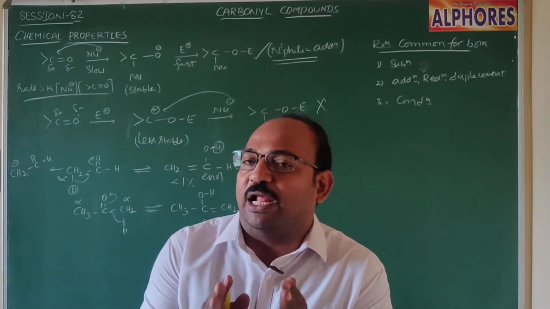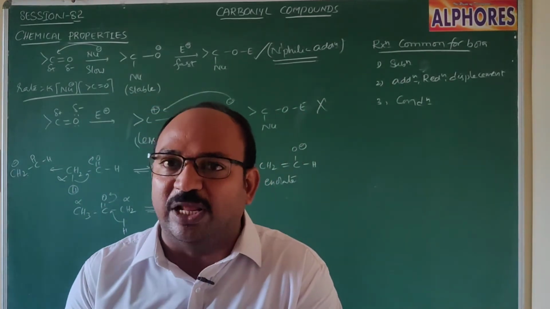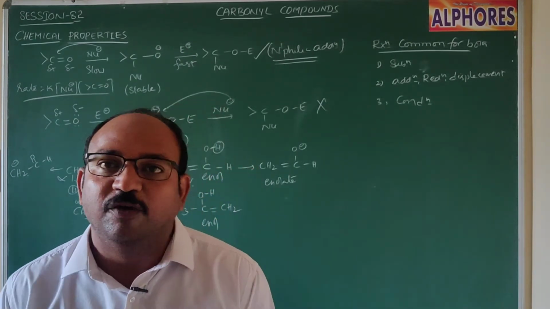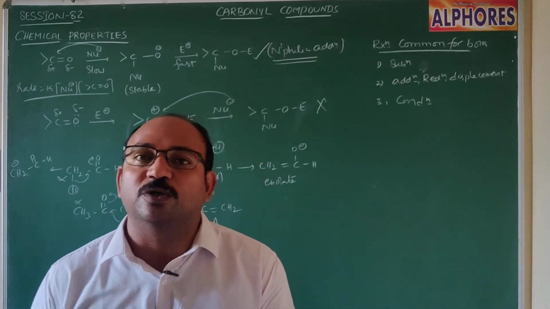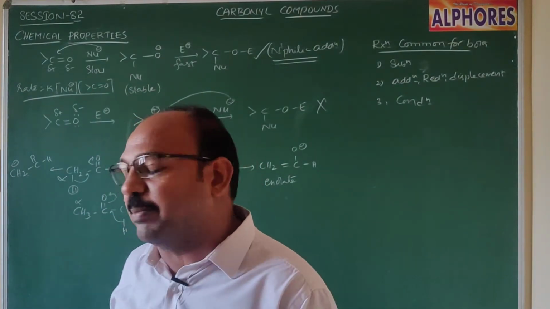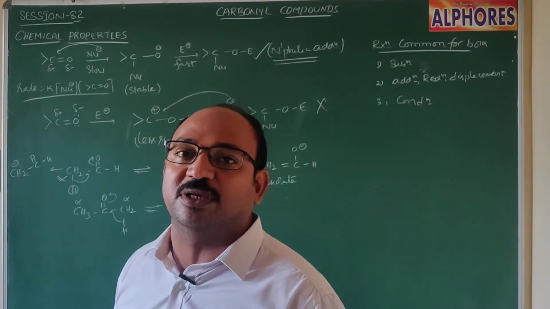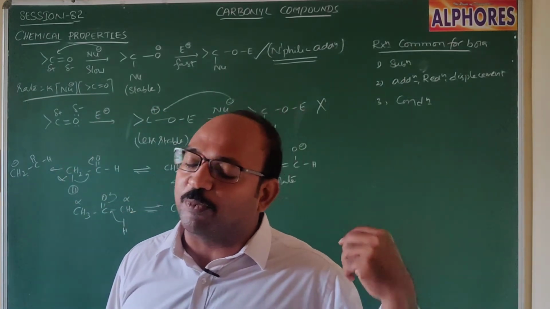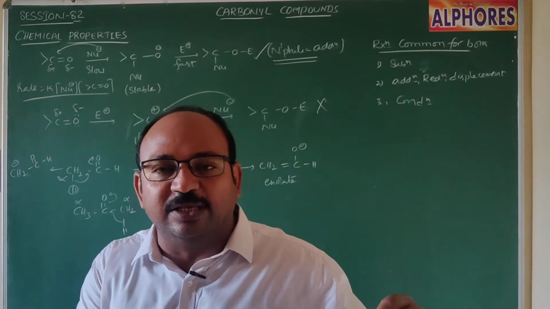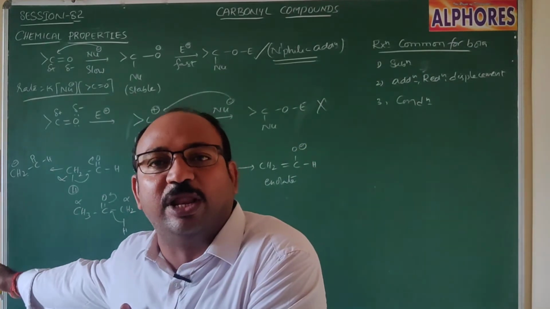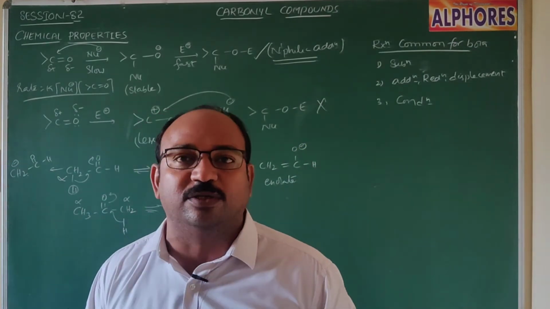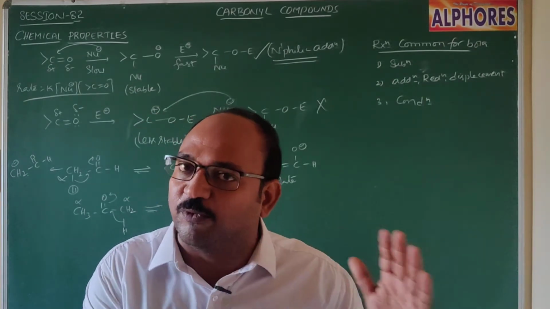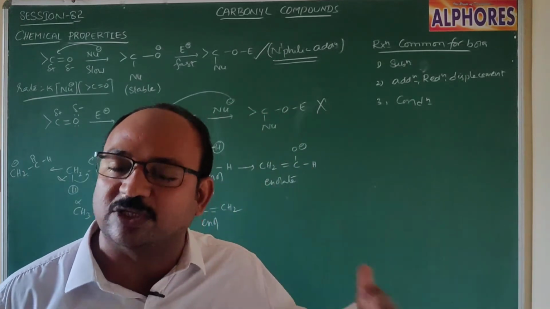Now I am going to classify the chemical properties of carbonyl compounds into two types. The properties which are the same or similar for both carbonyl compounds, both aldehydes and ketones, are one class of properties.